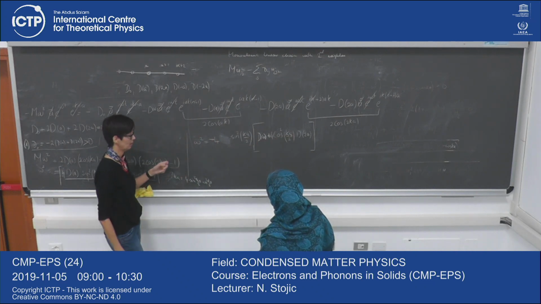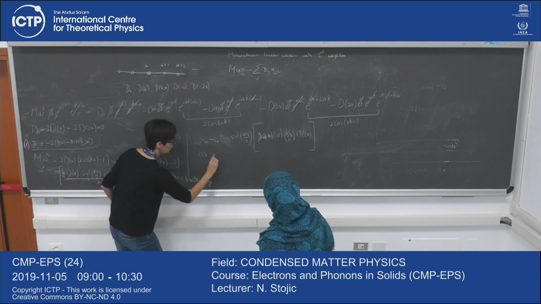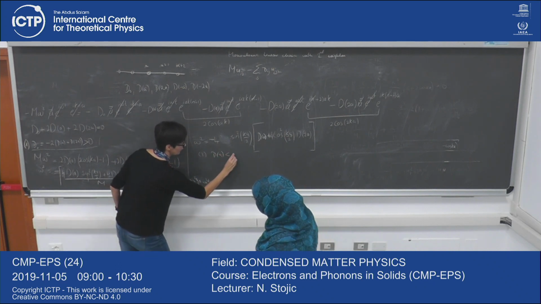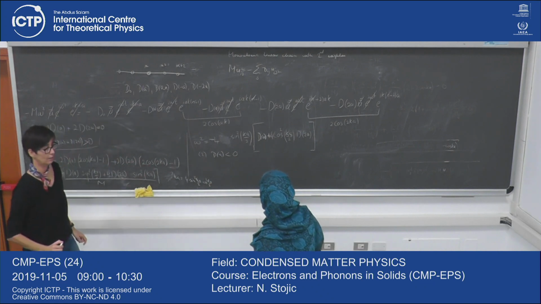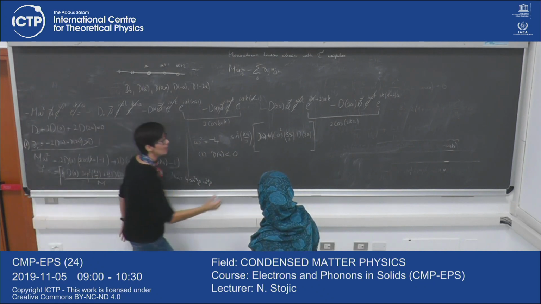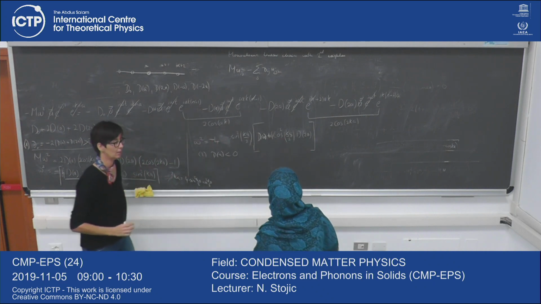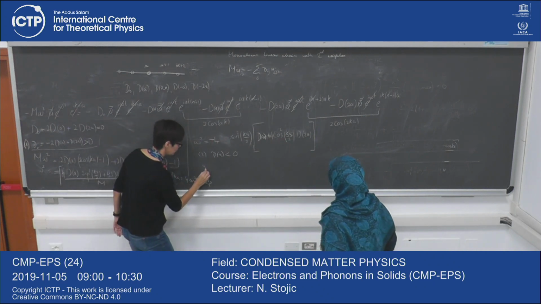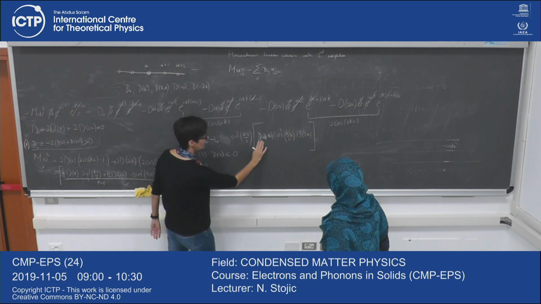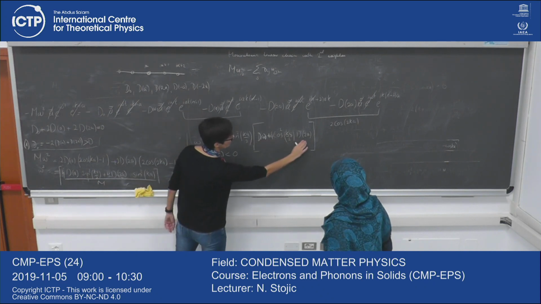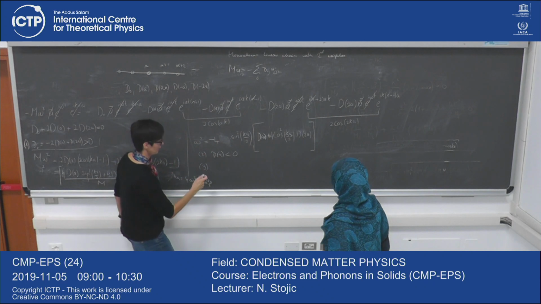So the second condition, d of a should be negative. And then the maximum value of this cosine is 1. So we can write the third condition that dA plus 4 d of 2a should be negative.